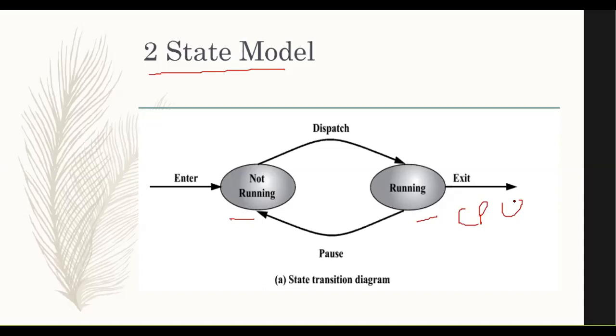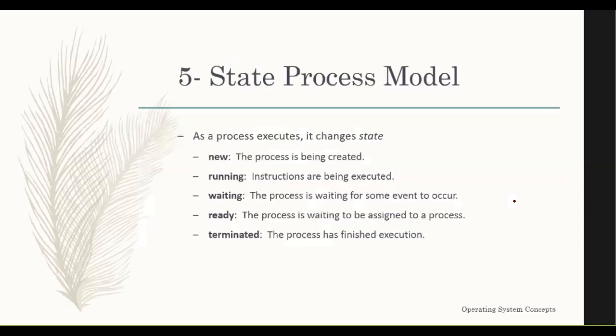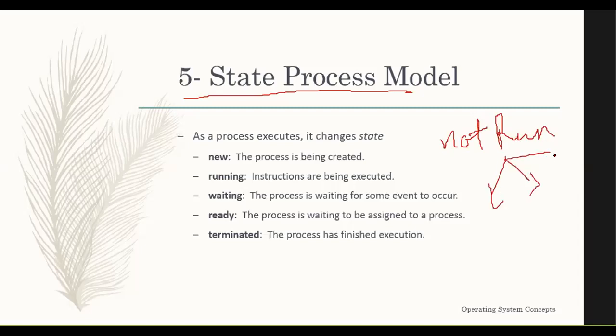So hence we moved into a new model, which is the five-state model. In the five-state model, we had picked that not running is divided as per the functioning. At the start, the process is in the new state.